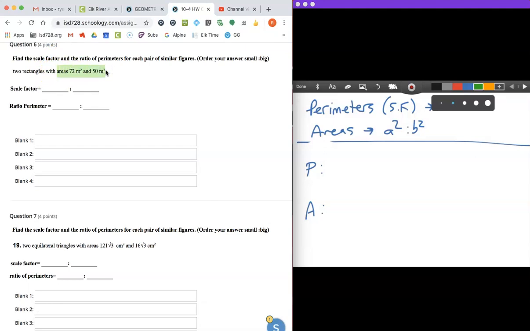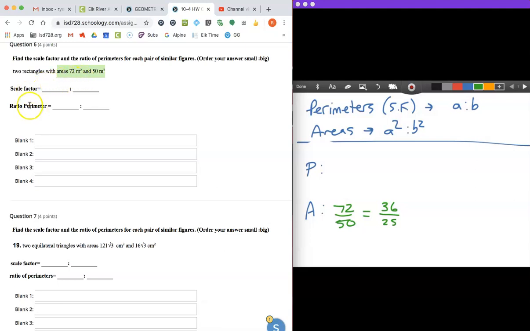So the ratio of the areas is 72 over 50, since they gave us areas first. Let's simplify that. Remember, ratios need to be simplified. You could divide both of those by 2. 72 divided by 2 is 36, 50 divided by 2 is 25. So that's the ratio of the areas.